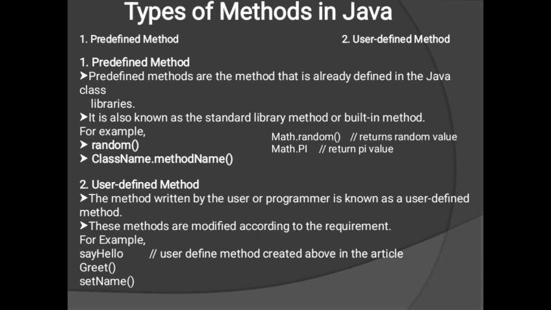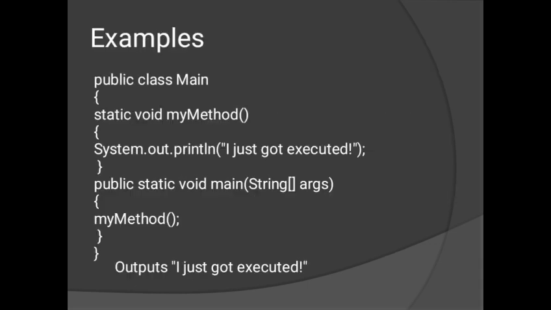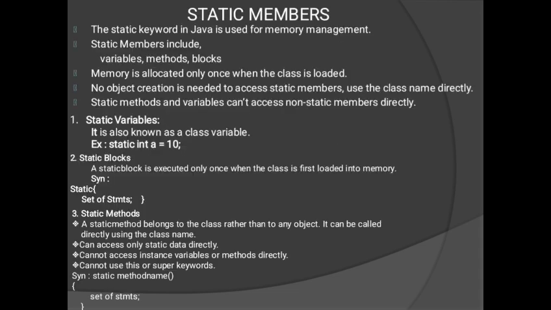For example, Math.random, that is class name dot method name, are predefined methods. This is a simple example of methods.